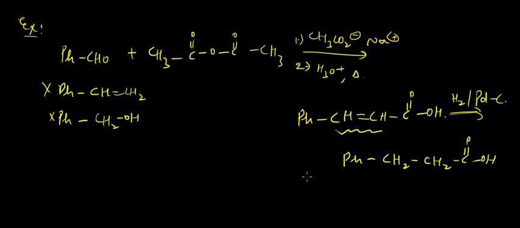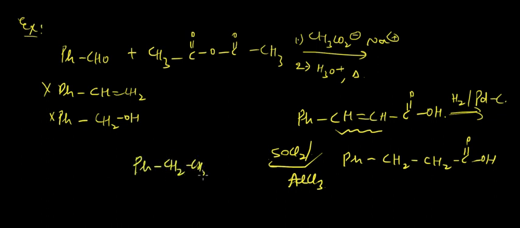Okay, and then if we pass SOCl2 and then AlCl3, obviously this acid would be converted into acid halide. So as a result we'll be getting something like PhCH2CH2C double bond OCl.